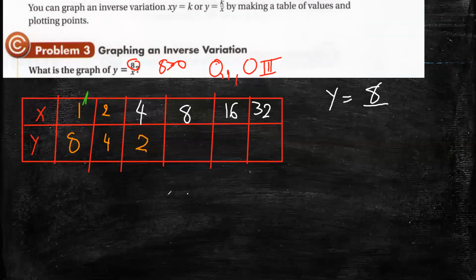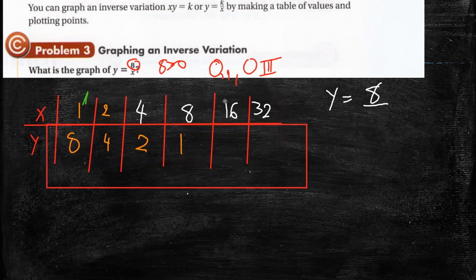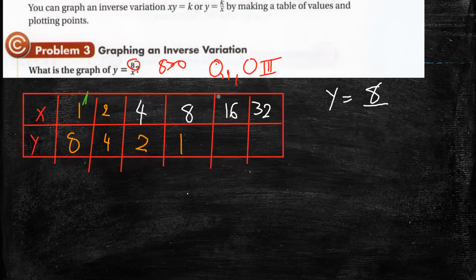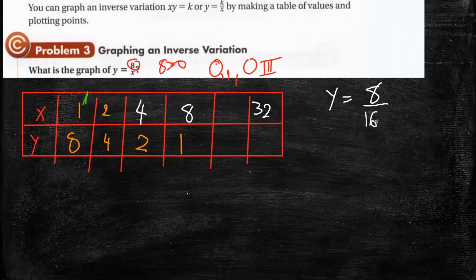Now let's take this 8. 8 over 8 is 1. Now let's take 16. 8 over 16.